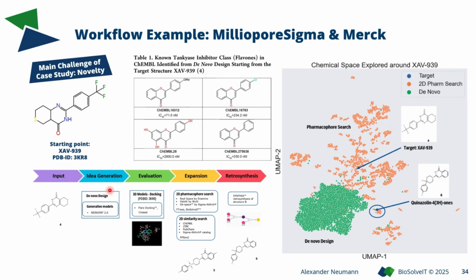So the workflow is, as I've mentioned, they started with the de novo design, then docking, and then based on the promising hits, they did the hit expansion with the REAL Space, Galaxy, and their own chemical space that they have generated with our software, the Sigma-Aldrich space, the SA space. And they also augmented the whole thing with some other additional 2D search methods.